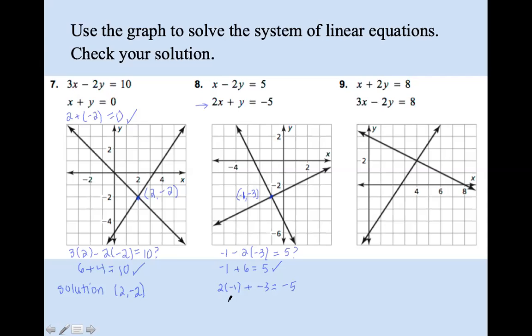Well, 2 times -1 is -2. -2 plus a -3 is in fact a -5. So this point works in both equations. And so that's my solution. My solution is the point (-1, -3).